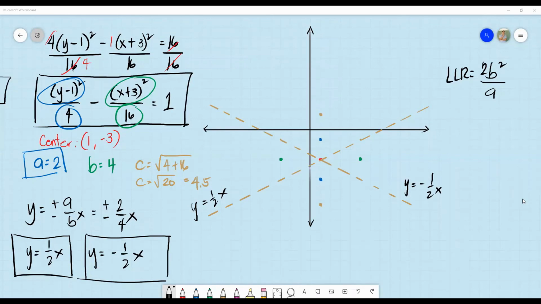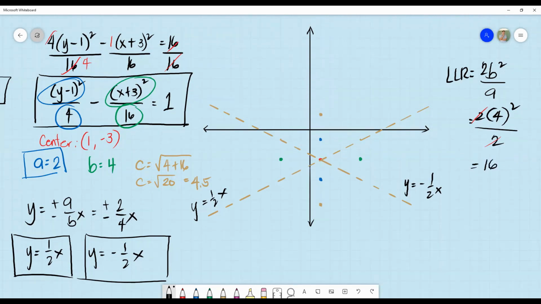So to continue, we will have 2 times our b is 4 squared over our a is 2. So when we simplify this, we will have 4 squared, which is 16. So the length of our latus rectum is 16, and that's quite wide.